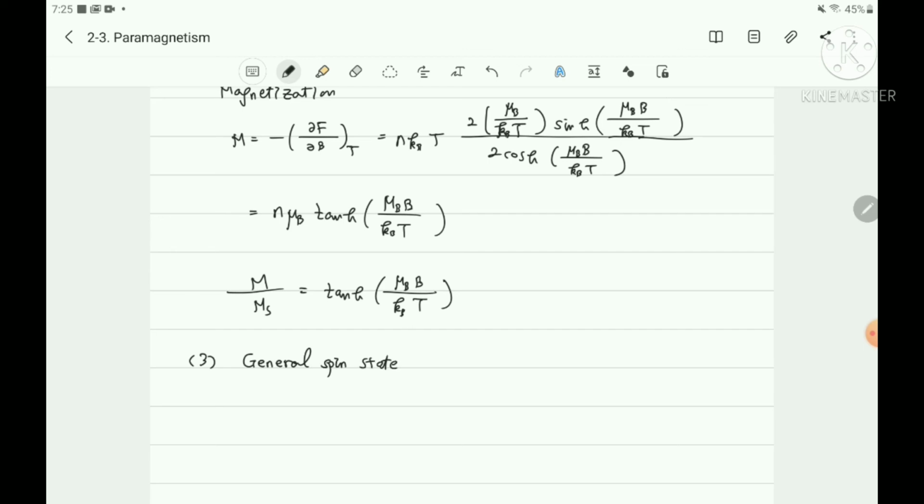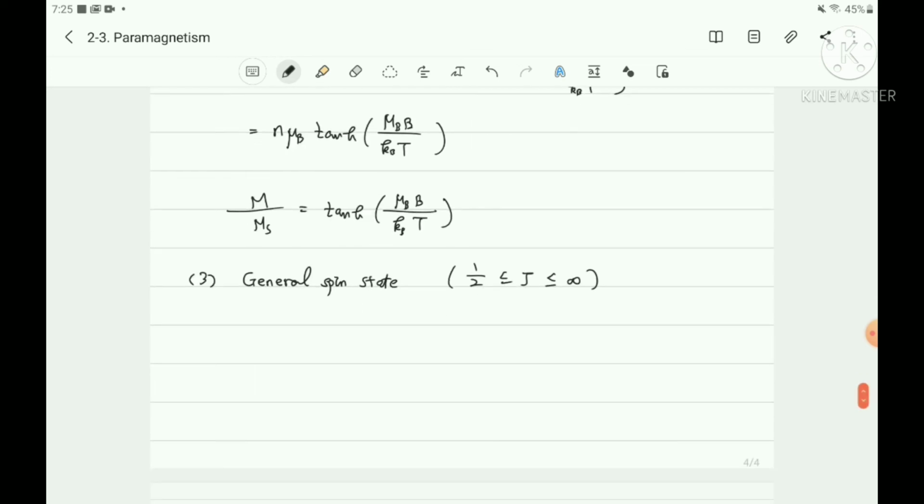In the previous case, we only considered spin up and spin down. In the general case, the spin J is greater than 1/2 and less than infinity, and the J value can have an arbitrary value, but it is still quantized in the quantum mechanical treatment. It is a general calculation.